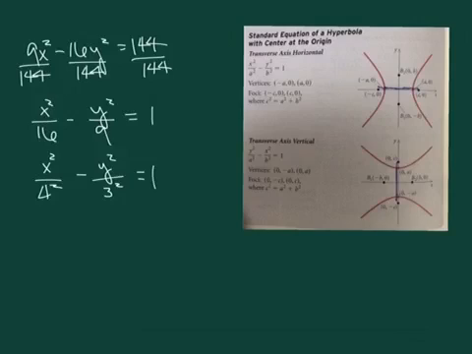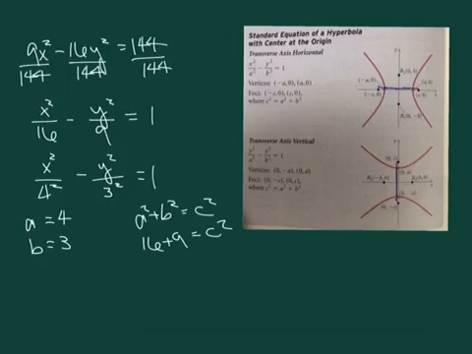So a is 4, b is 3. What's c? I don't know, so I'm going to have to take a squared plus b squared equals c squared. So 16 plus 9 equals c squared. So 25 equals c squared, or c equals 5.